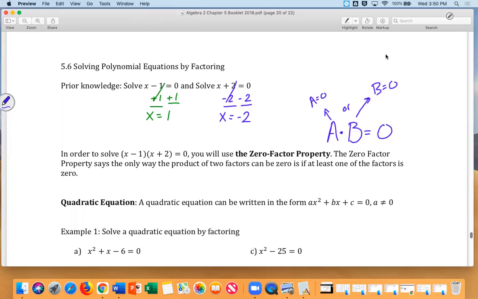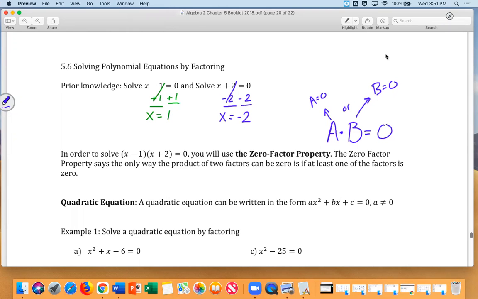Now, how does that play a role into this? Well, if I have a quadratic or a cubic or something like that, and I'm trying to solve it, meaning I'm trying to find the roots, the zeros, the x-intercepts, all of these things mean the same thing. It's all talking about, I want to find out where does it cross the x-axis, okay?